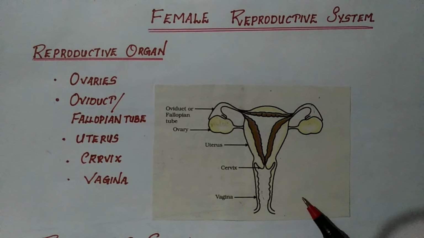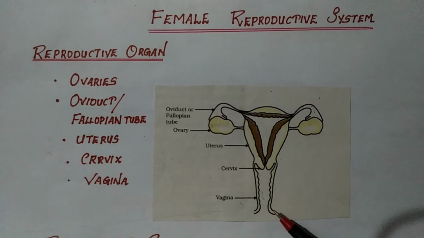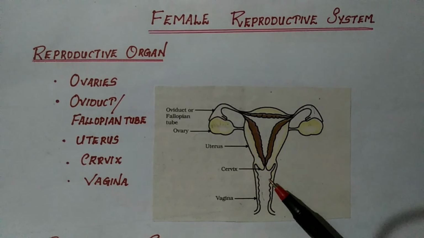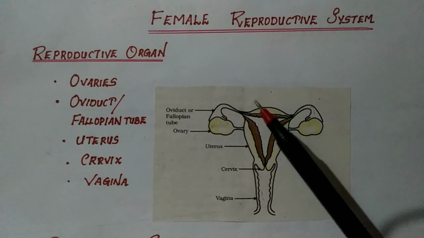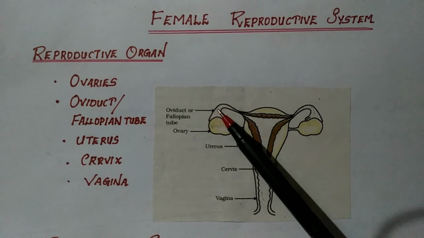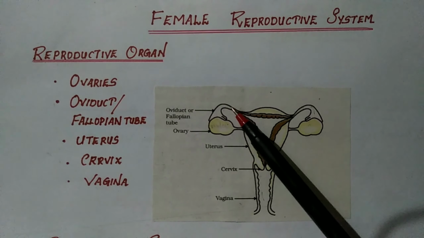Now look at the diagram here. The male gamete or sperm is introduced inside the female genital tract, which is called the vagina. This is by the process of copulation or mating. Then fertilization occurs inside the fallopian tube. As I have already told you, the egg will be released from the ovary and it will stay here in the fallopian tube. If the sperm meets with the egg, then fertilization will take place.